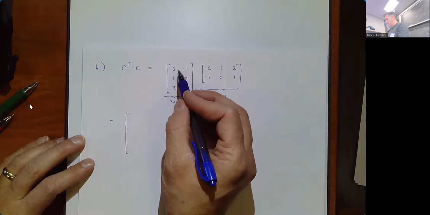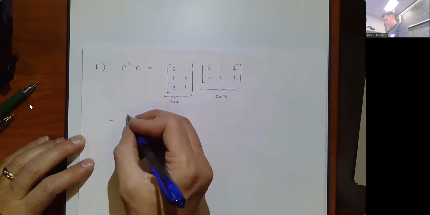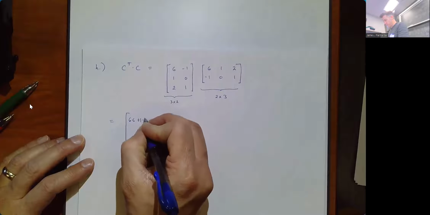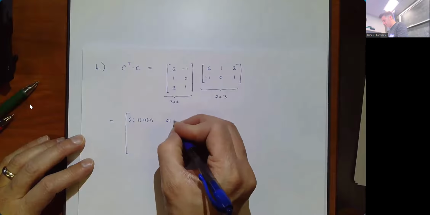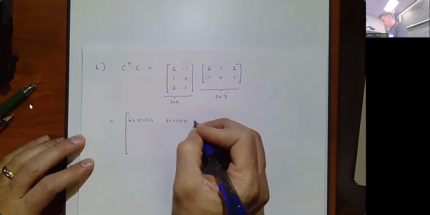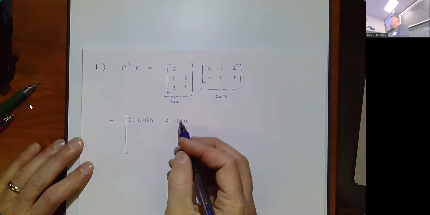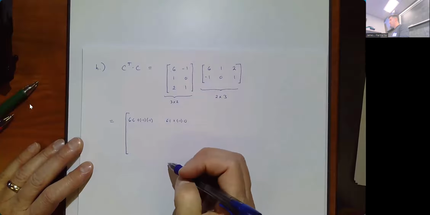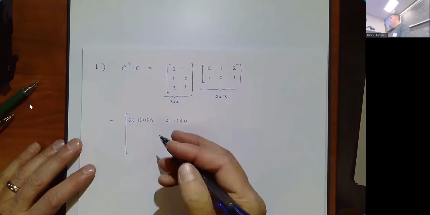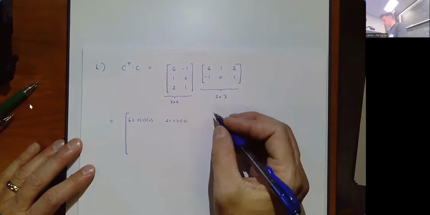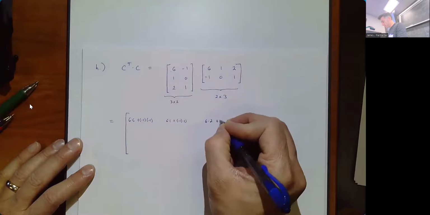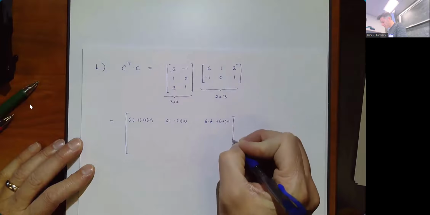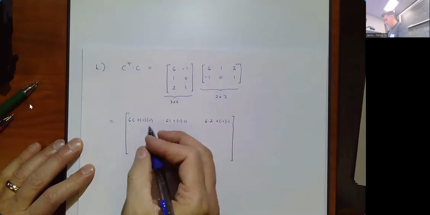So let's see, 6 times 6 plus -1 times -1. And then 6 times 1 plus -1 times 0. Again, no one expects you to write all this when you actually do the matrix multiplication, but I'm writing it so you're seeing it. 6 times 2 plus -1 times 1. Second row, 1.